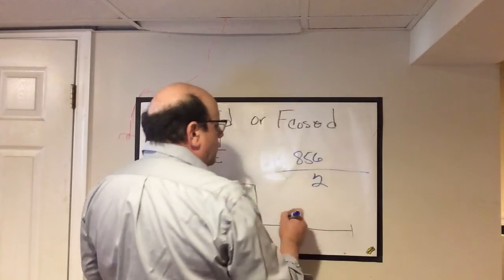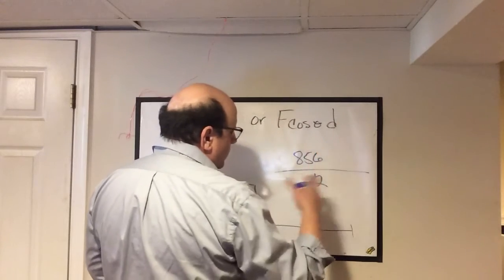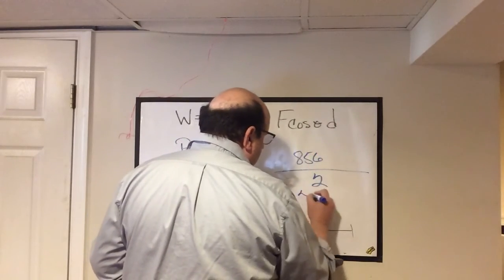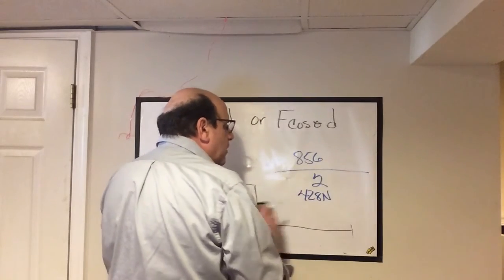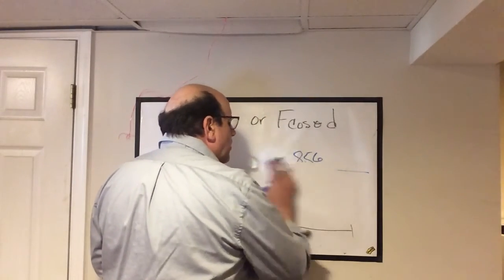Then we divide by 2. Half of 856 is 428, so 428 would be our newtons. Then multiply that by the amount of distance it travels.